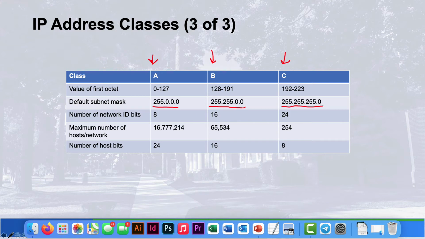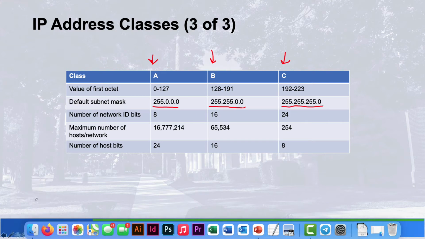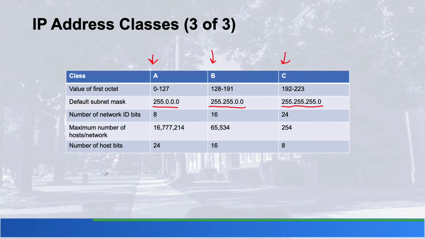So let's see how many IP addresses we can have on IP version 4. So we said all of the addresses that we have in IP version 4 can be represented by 32 bits.